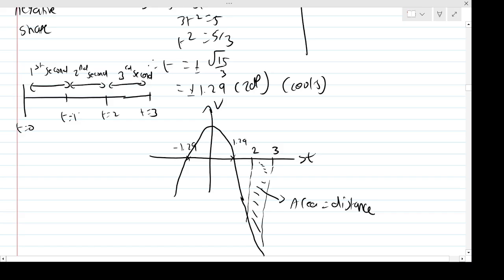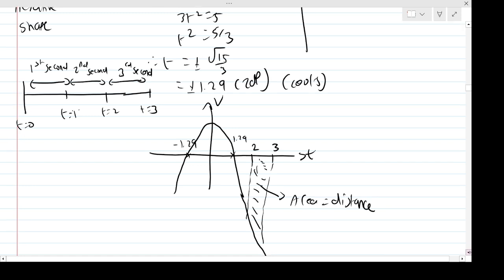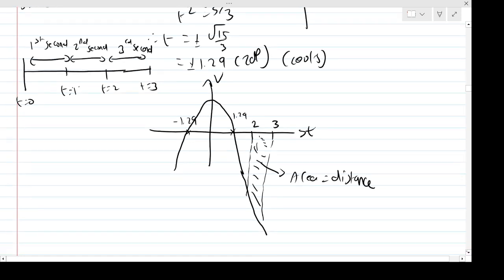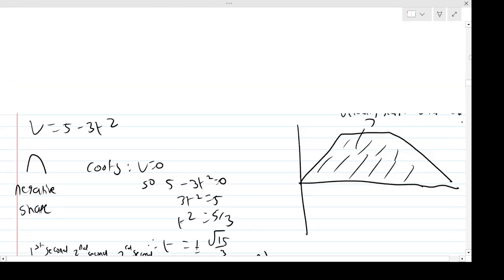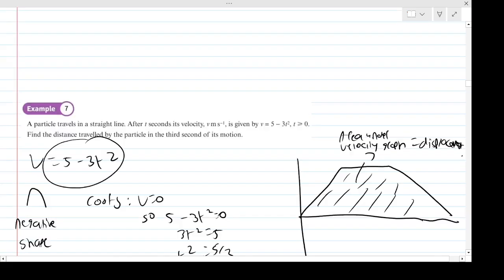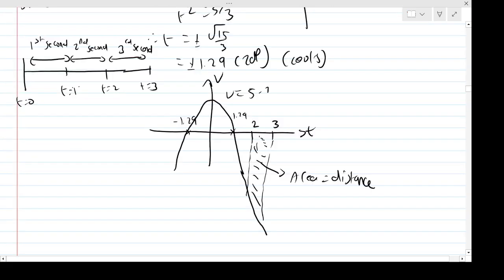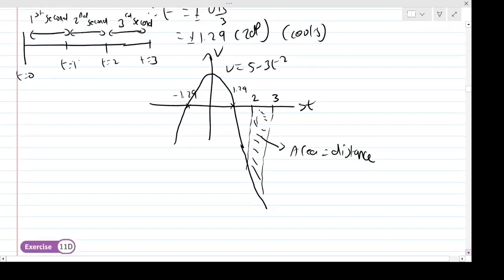That corresponds to finding the area under this graph between t equals 2 and t equals 3. As I remind you, the graph is v equals 5 minus 3t squared. So I'm going to integrate the graph.